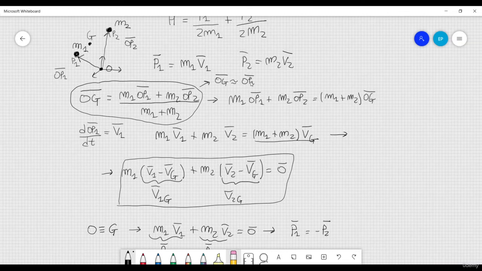So the center of mass is approximately here, where the first particle is located, okay? And that's just one proton. Now imagine if the nucleus of the atom, of the ion, if you want, contains more particles. Well, it means that this approximation is even better, okay?